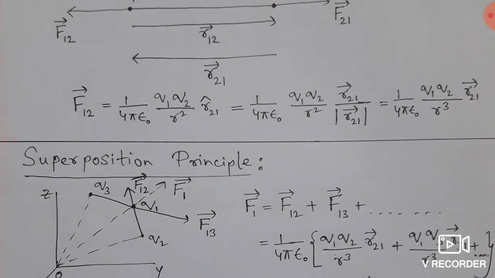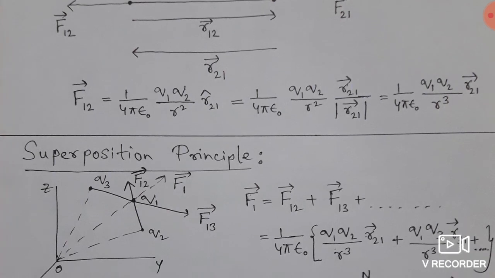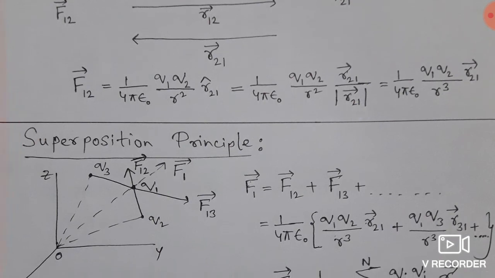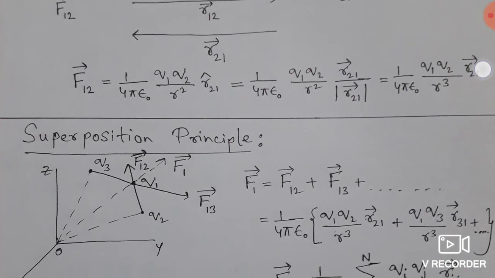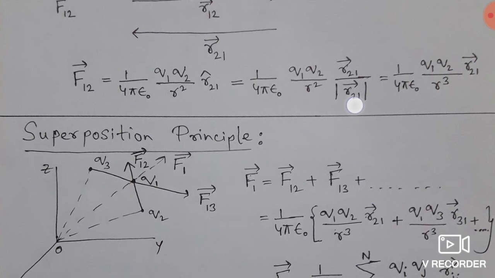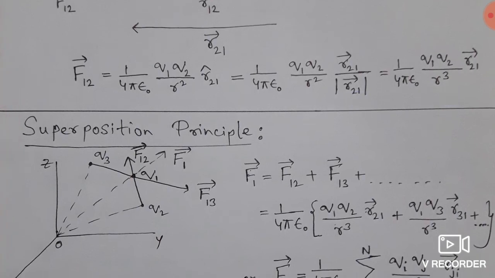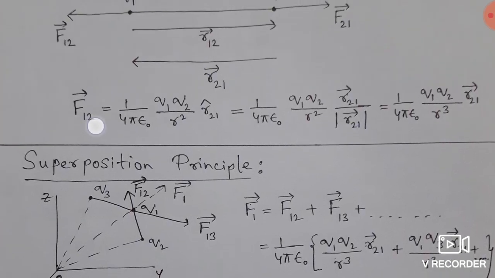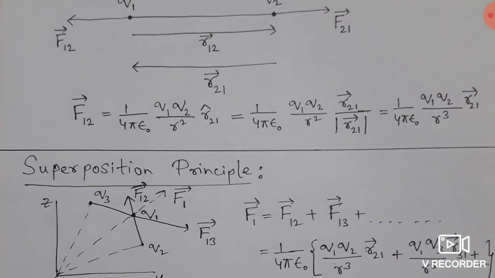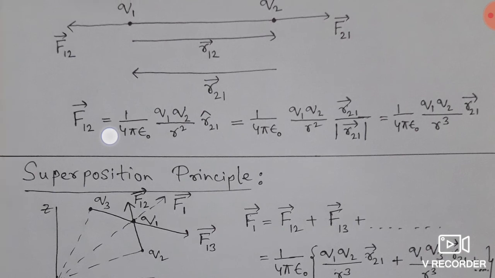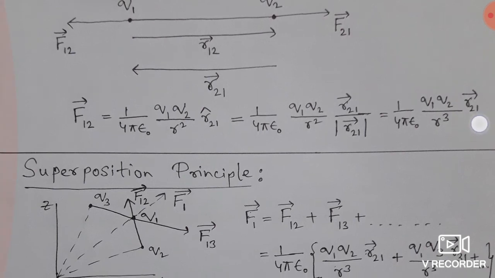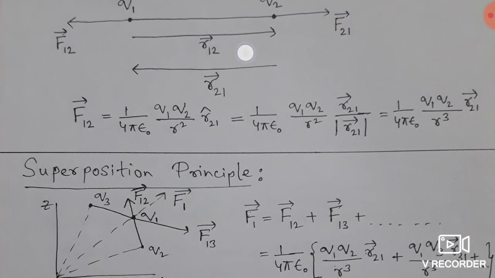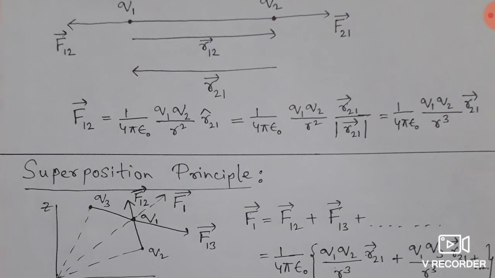Now unit vector r21 means the vector divided by its magnitude, so r21 vector by r square into r, which is r cube. So this is the expression for Coulomb's law in vector form. If instead of F12 here it is F21, then here it will be r12, because F21 and r12 are along the same direction.